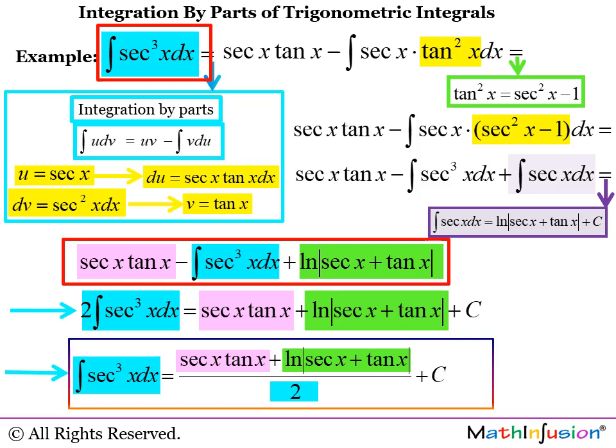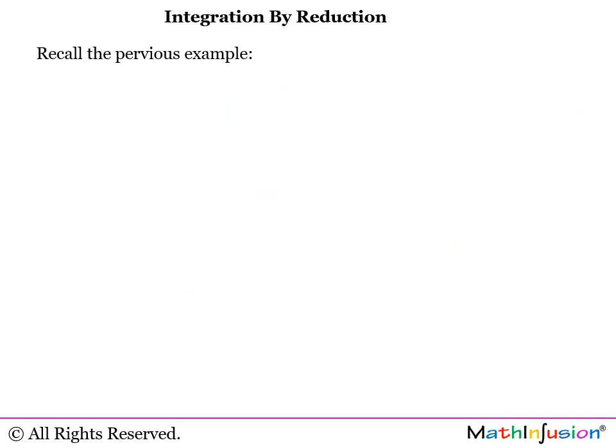But observe even more. If you look at what I got here, I got a little reduction in a way. I started with secant cubed x and I reduced this to the need to actually evaluate secant to the power of 1 x dx. So maybe there is a reduction for the integral of secant to the power of n x dx.